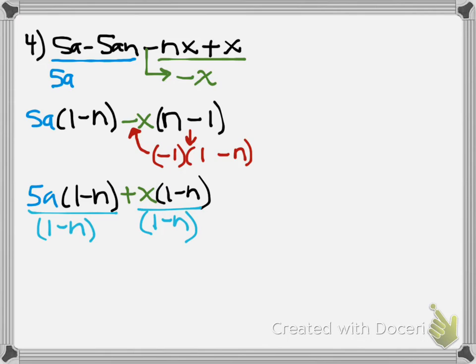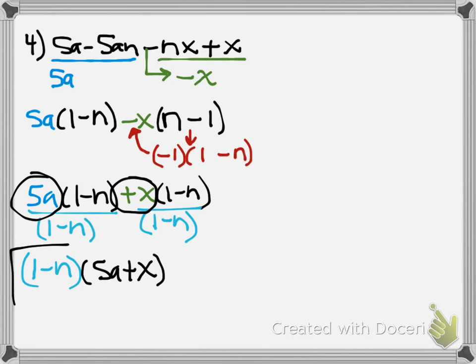So we get the quantity 1 minus n, and then all we do for the second bit is we take all what remains. So that's the 5a and the x. And there's that answer.